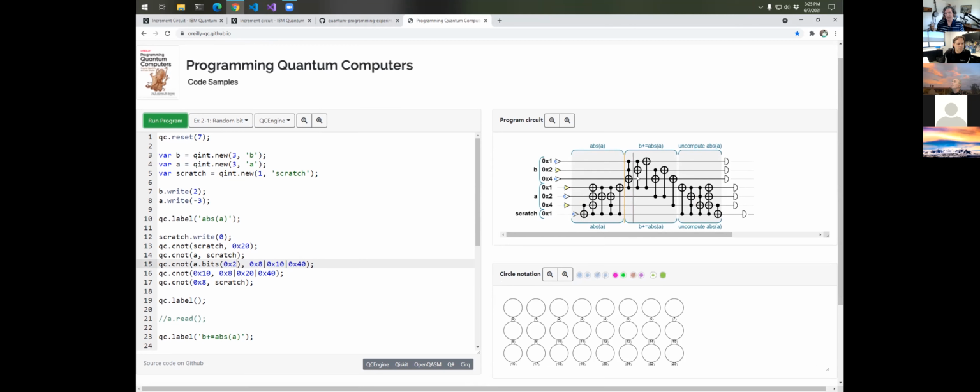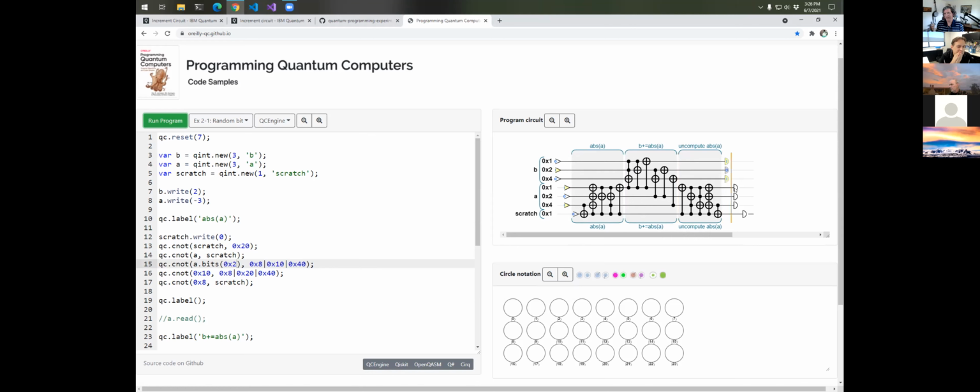Then we do an add between B and the absolute value of A, currently what we have in the A qubits. That should give us, wait, did I do 3 plus 3 is 6? No, B is right now set to 2. Doing that wrong. B is set to 2, and I'm adding 3, so it's 5.